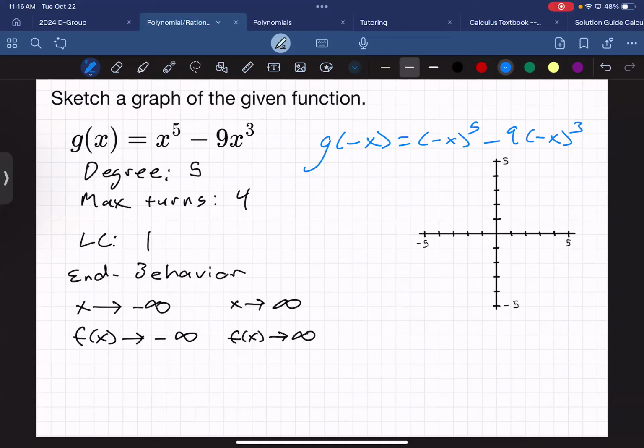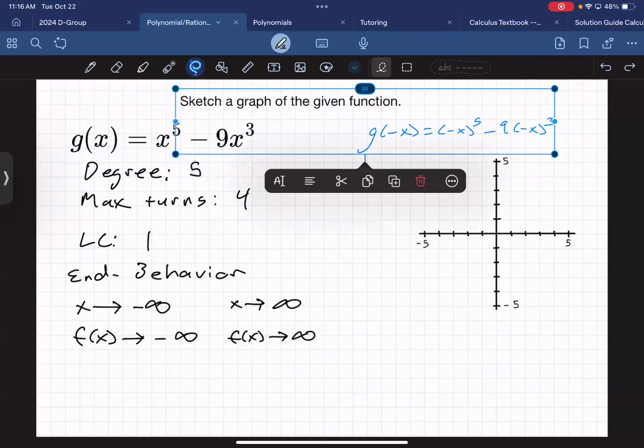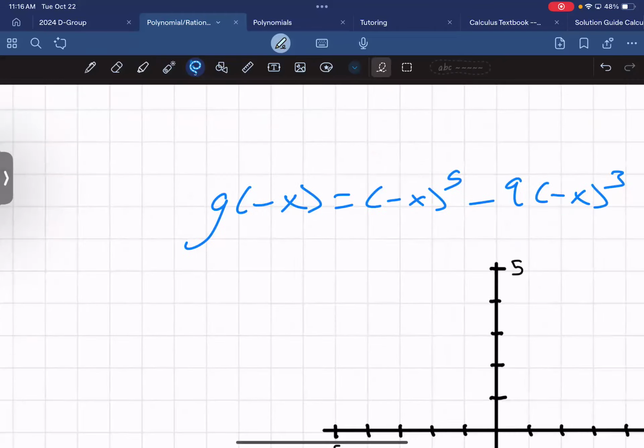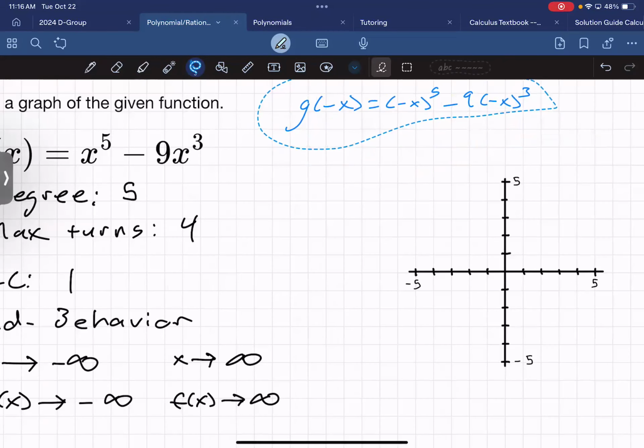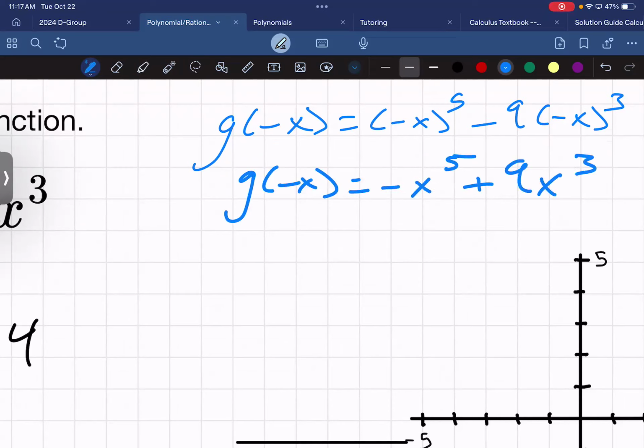Make sure you're careful with that, though, because as we work through this, watching your signs here, if you have 5 negatives, the result's going to be negative. 3 negatives, the result is negative. We do not get the same function back, so that's why we go one more step to say, hey, this is equal to the negative of our function.